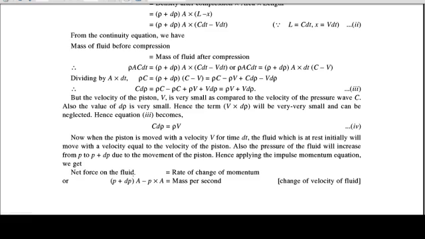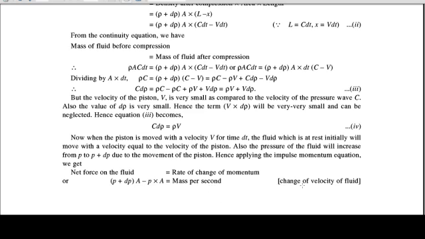Net force on the fluid is equal to what? Pressure before compression, sorry, after compression into area minus pressure before compression into area is equal to rate of change of momentum.